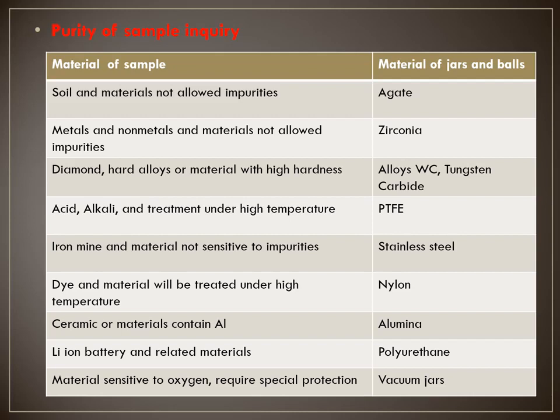Or if your materials will be treated at high temperature after milling, you can use nylon and burn the residue off after finishing the treatment. If your materials are sensitive to oxygen or humidity, you can use vacuum jars. You can read this special inquiry to choose the most suitable one for you.